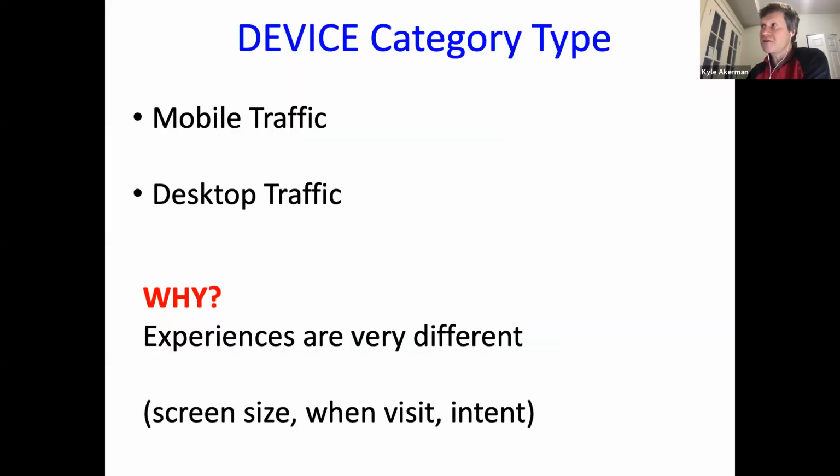I'm a big fan of device category type. So especially comparing mobile and desktop. And why is that important? Because those experiences are very different. I mean, think about how you use these devices. First of all, the screen sizes are vastly different. The time when you're visiting.